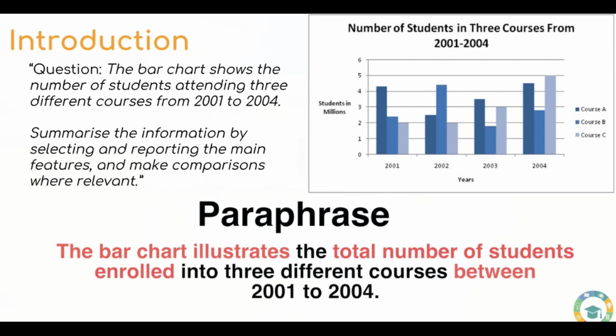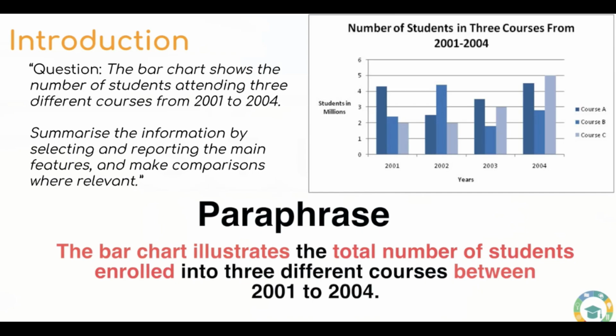As you can see, I haven't made huge changes to the question, and I've used my understanding of synonyms, words that have the same meaning, to reword and paraphrase the question. Instead of the bar chart shows, I've used the bar chart illustrates.